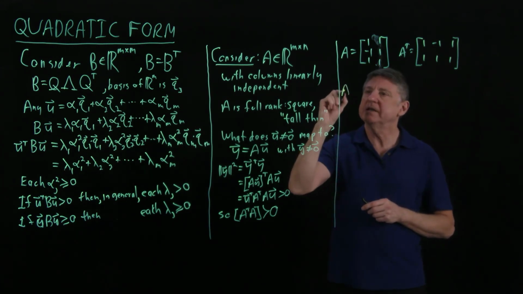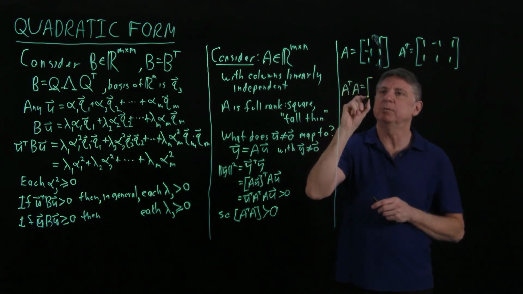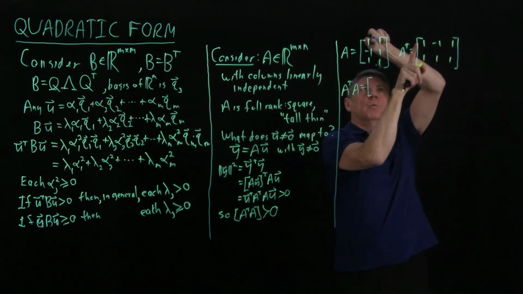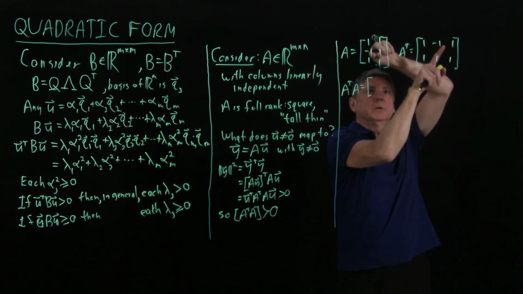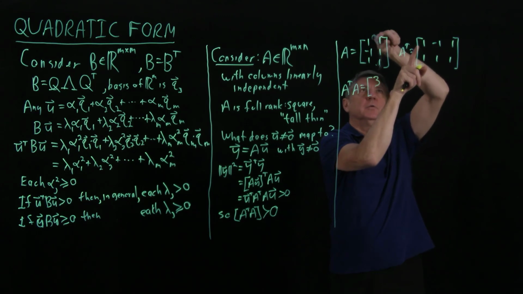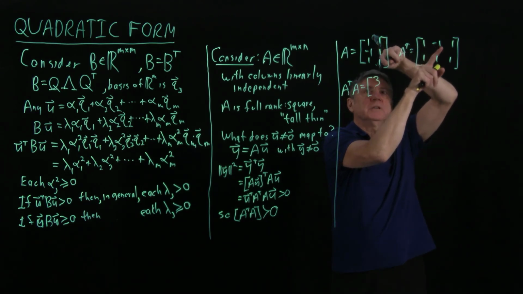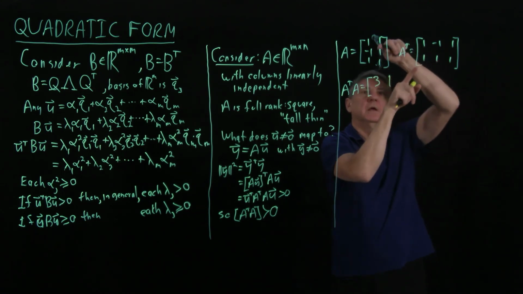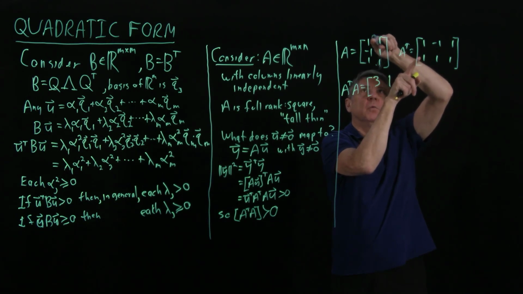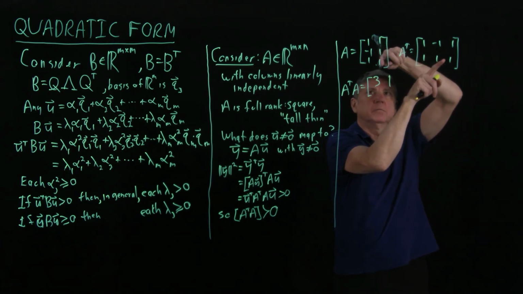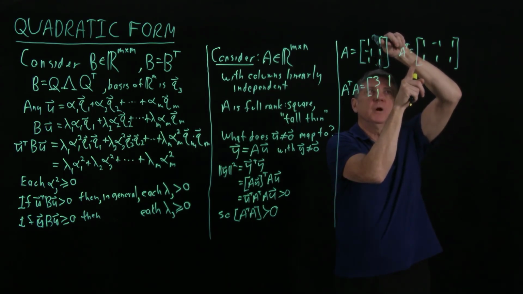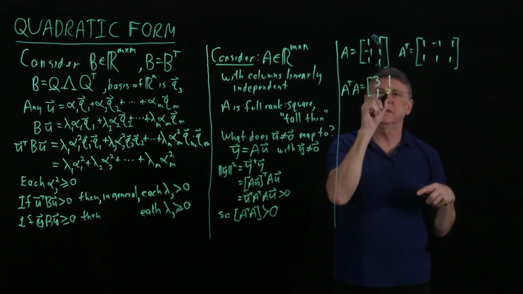Now, what is A transpose A? Its first entry would be 1 plus 1 plus 1, which is 3. Its 1, 2 entry would be 1 minus 1 plus 1, which is 1. Its 2, 1 entry would be 1 minus 1 plus 1, which is 1, and its 2, 2 entry would be 1 plus 1 plus 1, which is 3.